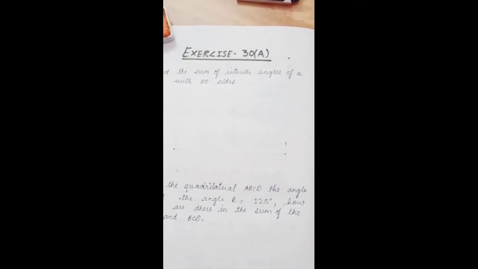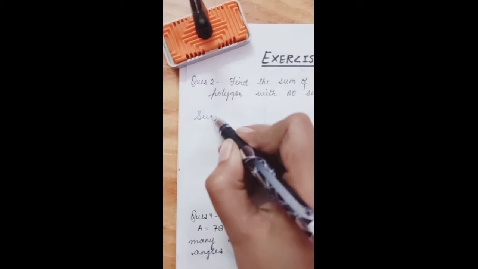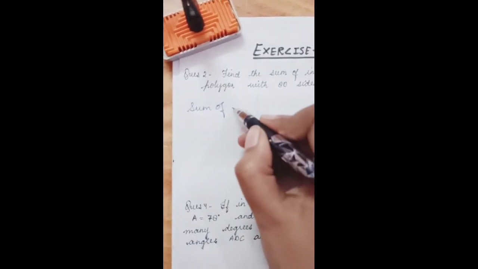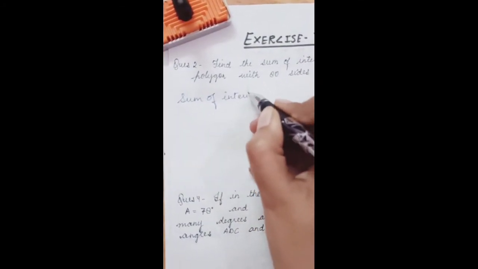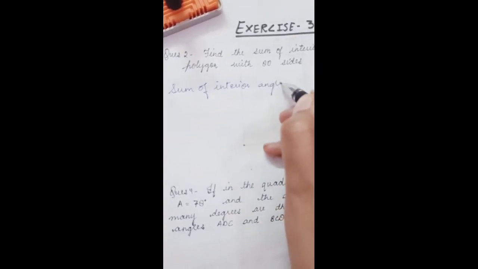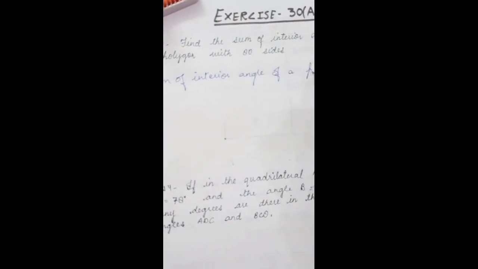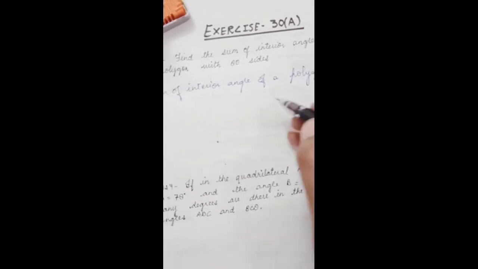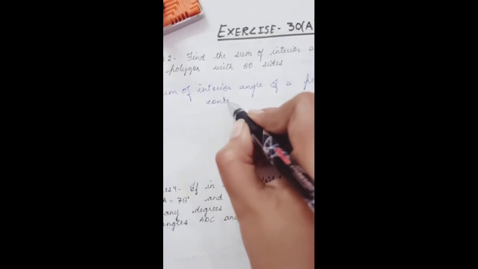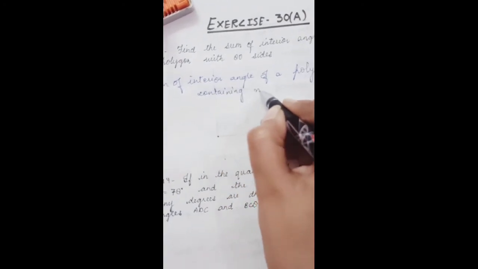The sum of the interior angles of a polygon containing n sides is equal to (2n minus 4) into 90 degrees.